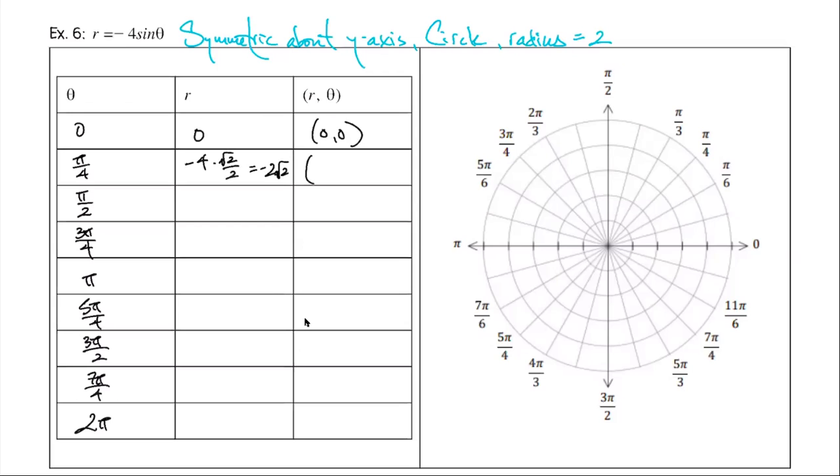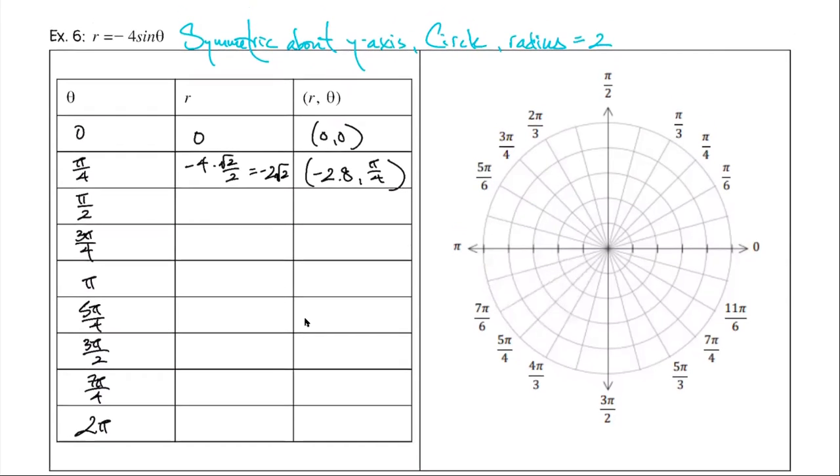And we can turn that into a decimal. Negative 2.8, comma pi over 4. Okay. And we can keep going through all these values, all right? And as you can tell, this is kind of a lot of work to put in all these different values, okay?